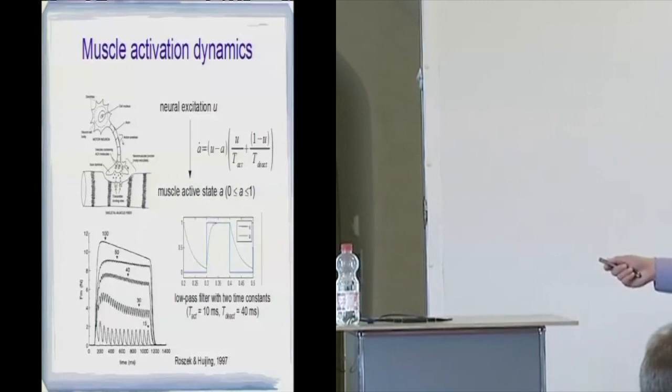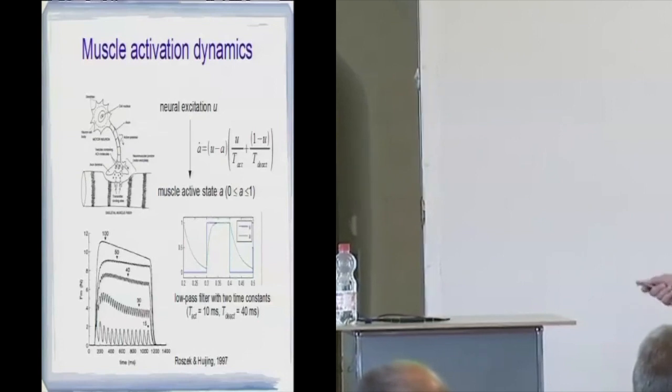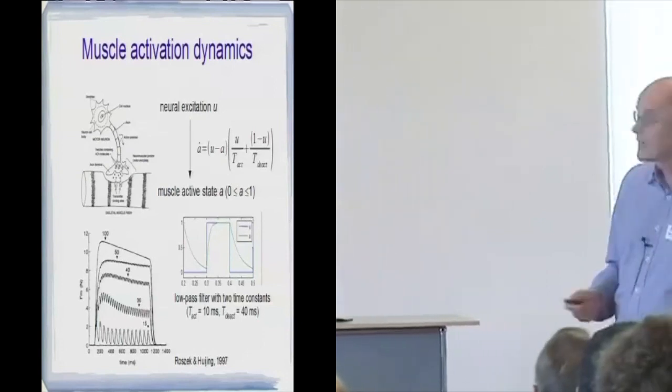There's a rate constant that depends on the activation. When the excitation is 1, you get this rate constant. When the excitation is 0, you get the other rate constant for deactivation, which is a little bit slower. Typically, I use 10 milliseconds for the activation and 40 milliseconds for the deactivation.